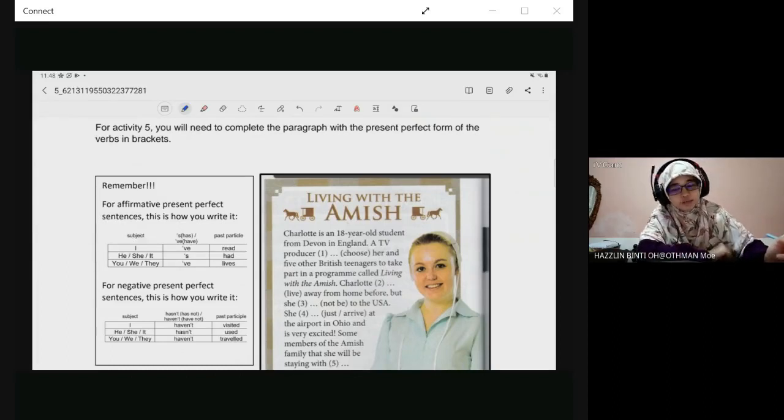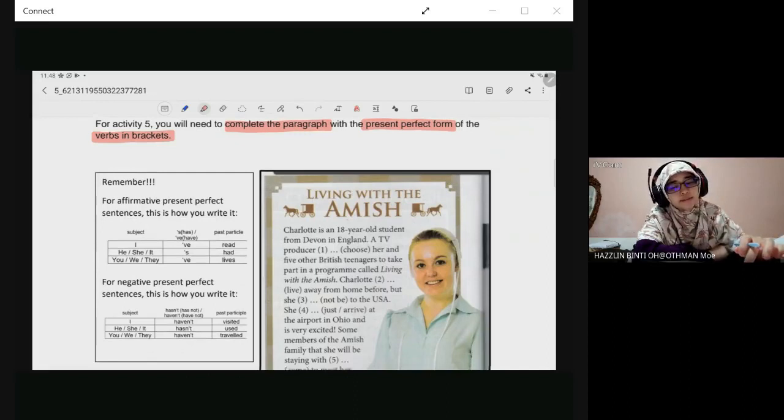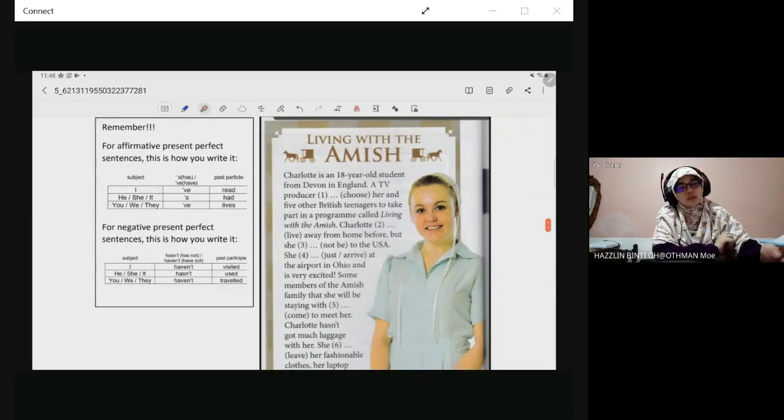For the last activity, activity 5, you will need to complete the paragraph with the present perfect form of the verbs in brackets. So now you have to complete this text, Living with the Amish.